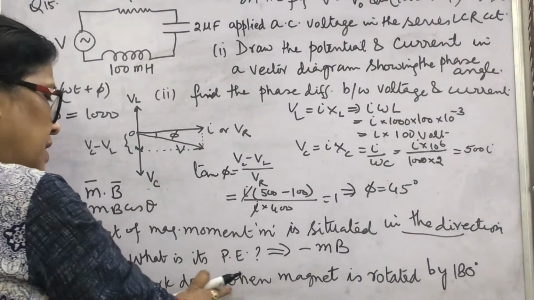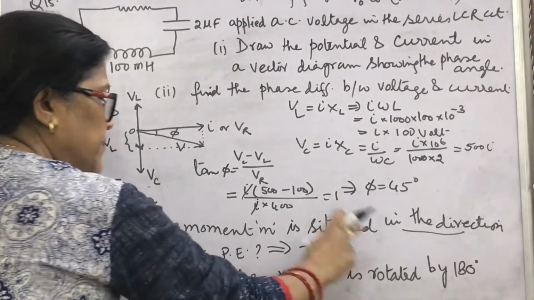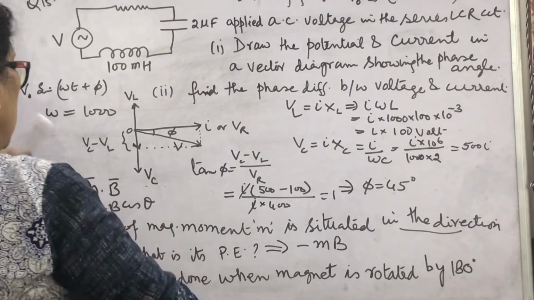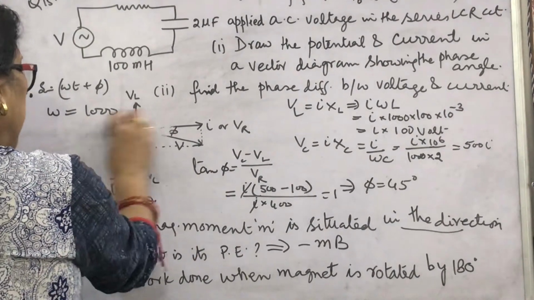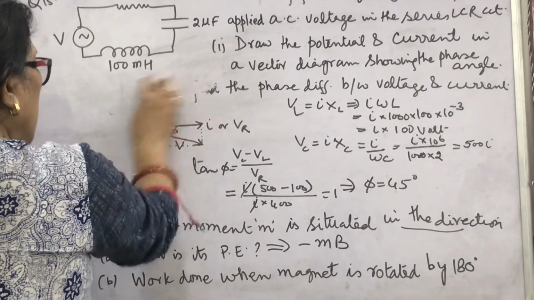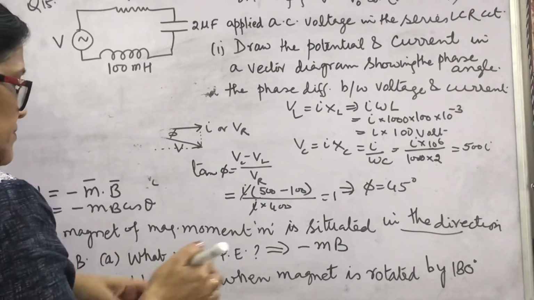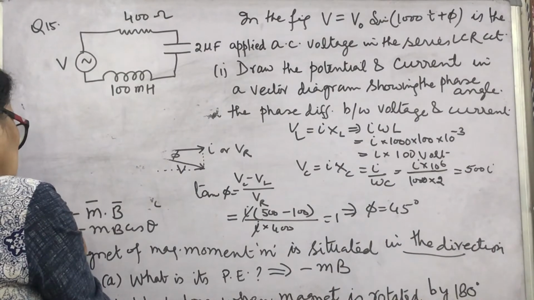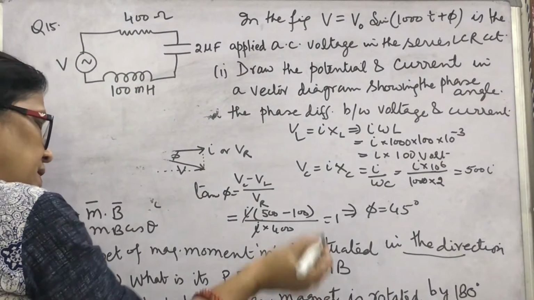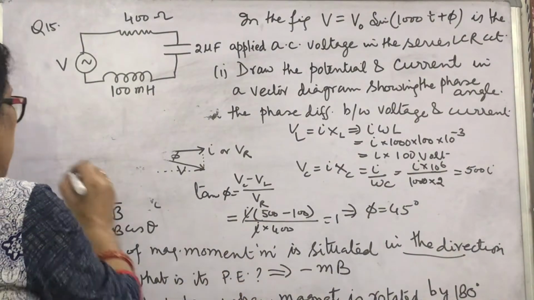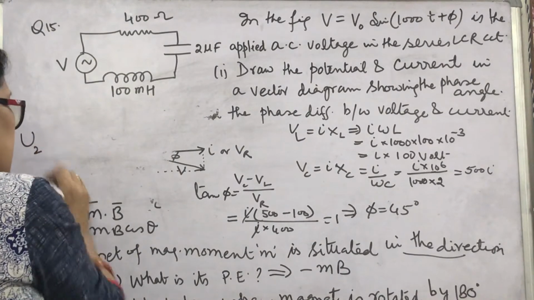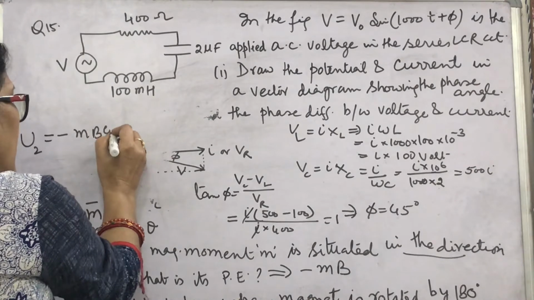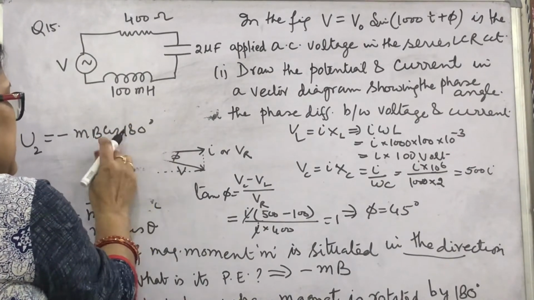Second part, work done when the magnet is rotated by 180 degree. How will you solve the second part? As you know, in the first case you write here, this is U1. What will be the U2 when the magnet is rotated by 180 degree? Then you will write here, this is minus MB cos 180 degree. Cos 180 is minus 1.